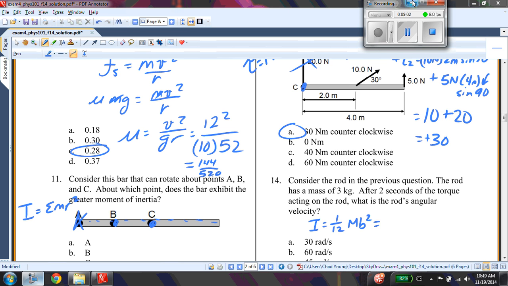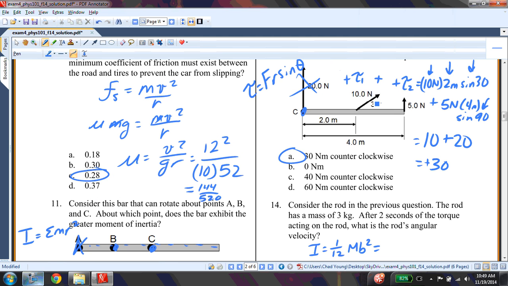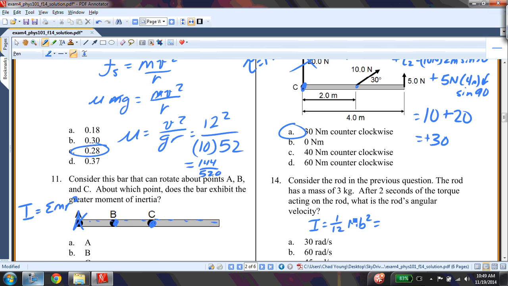Okay, I just realized there's a mistake here, because the moment of inertia of a rod is 1/12 mr squared if it's rotating about this axis. So I'm going to rewrite this problem.